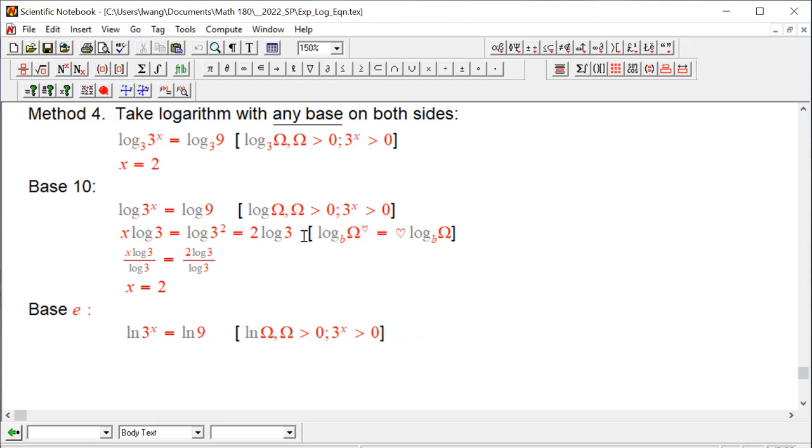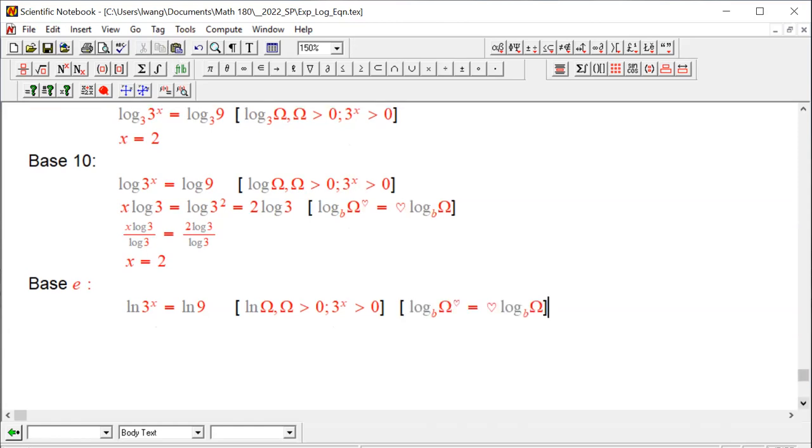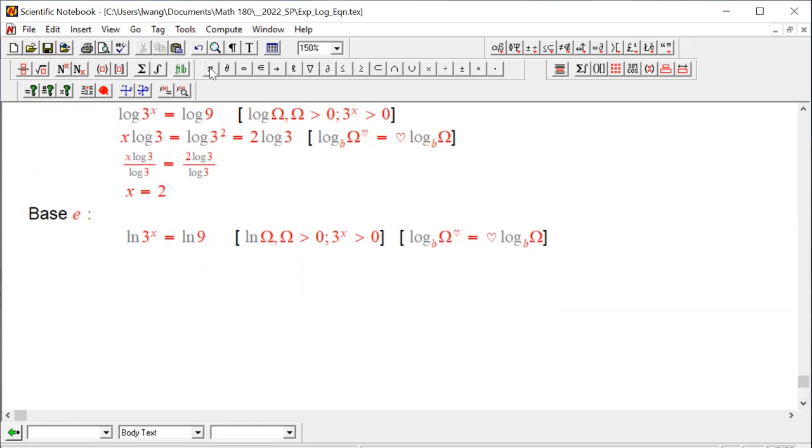And this time we use the power rule again. And what do we get? We get x times ln 3. On the other side, we get ln of 3 squared, sorry, and then that equals 2 times ln 3. And now we're going to divide both sides by ln 3.